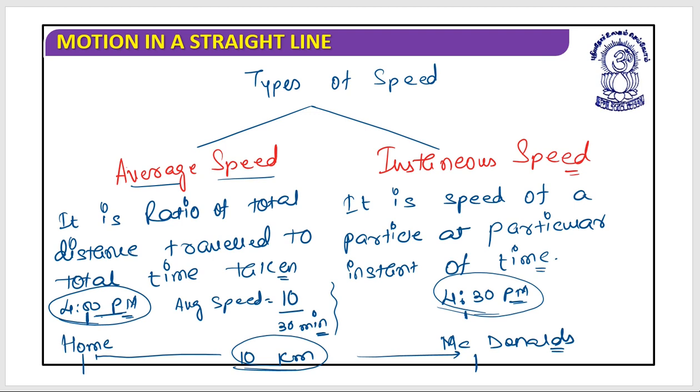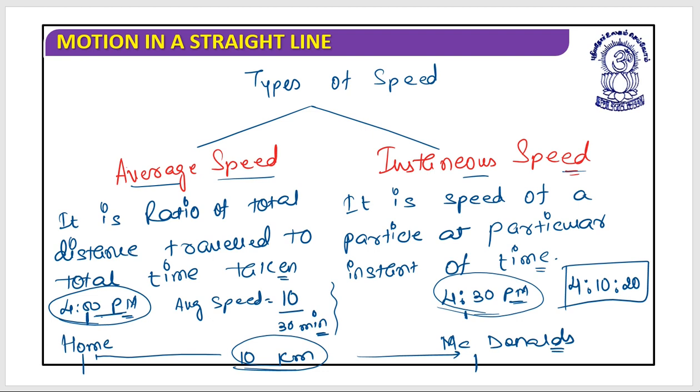Now what is instantaneous speed? Let's say one of your friends said that you are leaving at 4, and you are reaching McDonald's at 4:30. But what was your speed at 4 o'clock, 10 minutes, and 20 seconds?